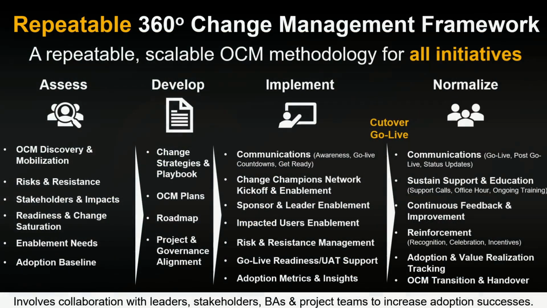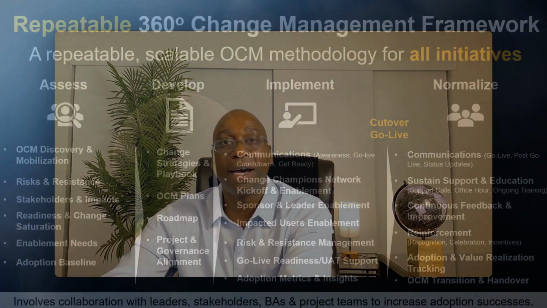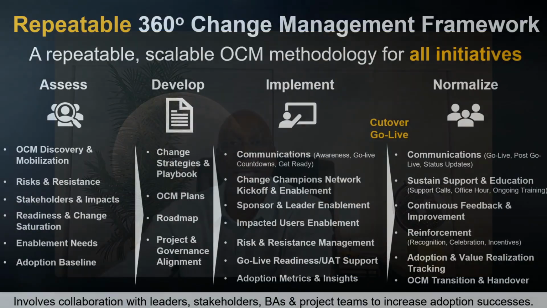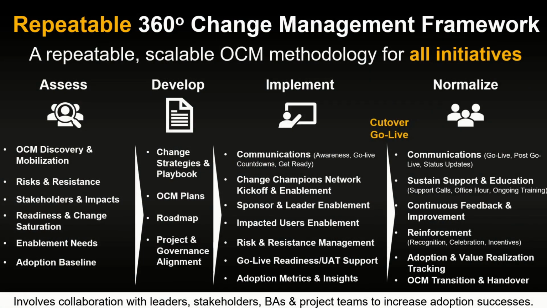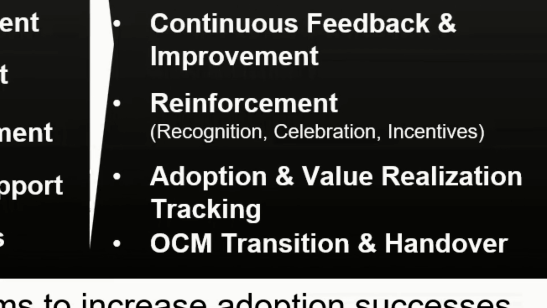You are not just limiting your adoption tracking to that. No, you also want to identify how the impacted users' changes in behavior are helping the organization achieve its business outcomes.